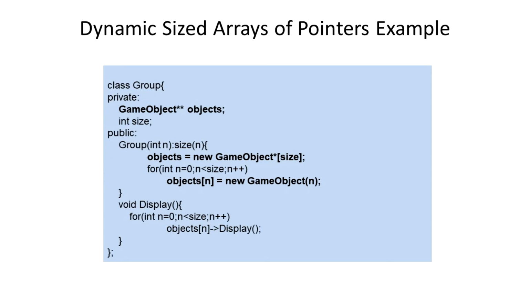And then in the for loop underneath that, in the non-default constructor, we're going to be creating dynamic objects for each element of the array, looping through each element, of course. And so our array, created dynamically on the heap, is going to store pointers to those objects also located on the heap. And then finally, in the display function, of course, we just dereference the display member function for each of those game objects so that we can see those IDs printed to the screen.